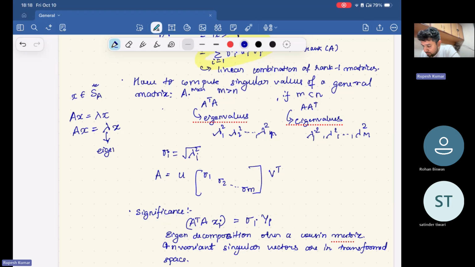Any such x is an eigenvector. We all know this and remember this concept, right?